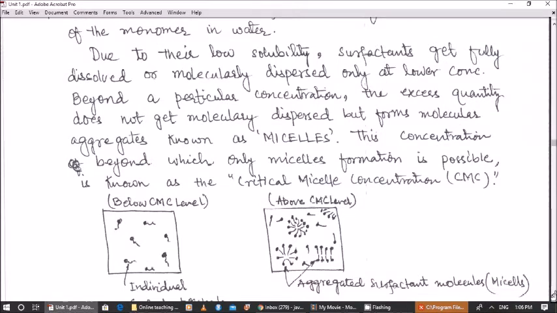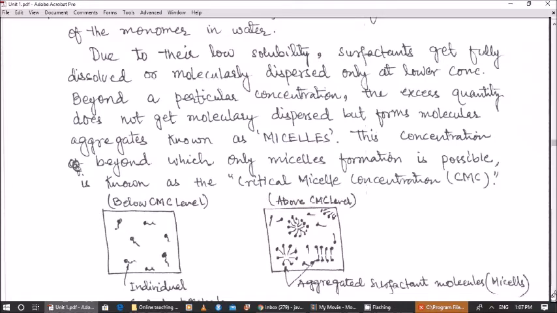Due to their very low solubility, surfactants get fully dissolved or molecularly dispersed only at lower concentration. Beyond a particular concentration, the excess quantity does not get molecularly dispersed but forms molecular aggregates known as micelles.